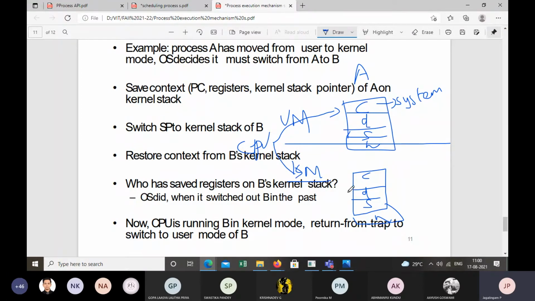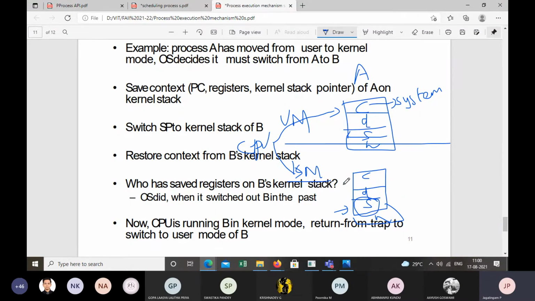When it moves to the kernel mode, the CPU stores the PC value of the user code in the kernel stack, that is, the line at which it last stopped execution. That line has an address, a PC value, and that value is stored in the stack of the kernel.